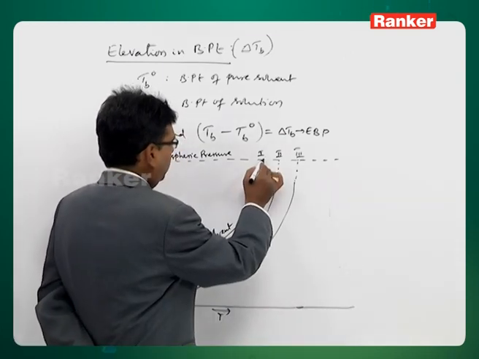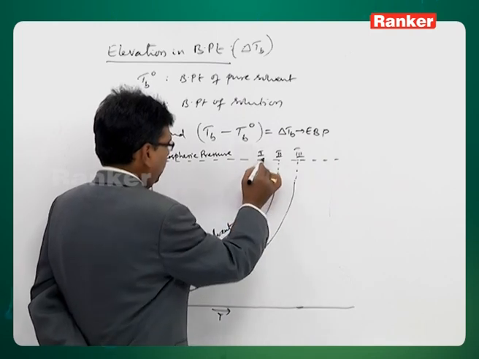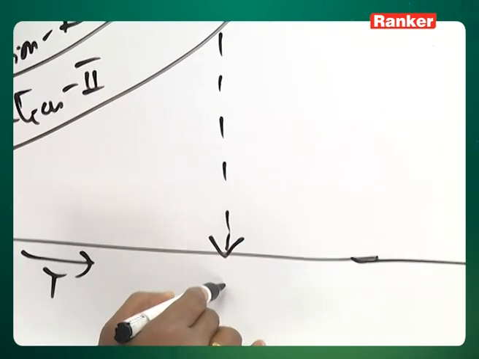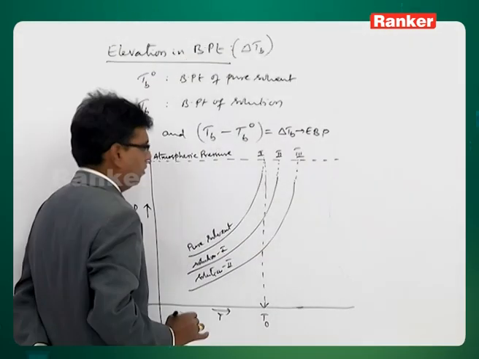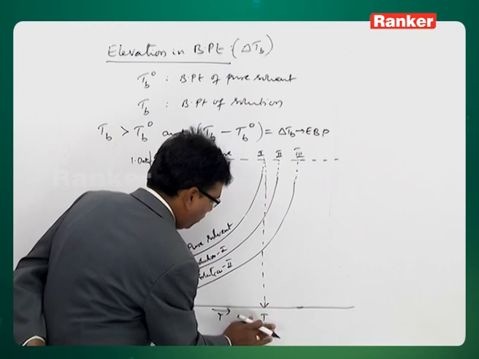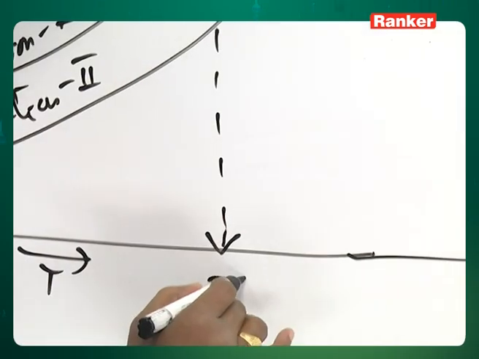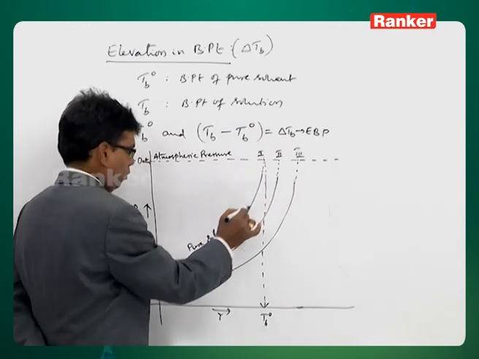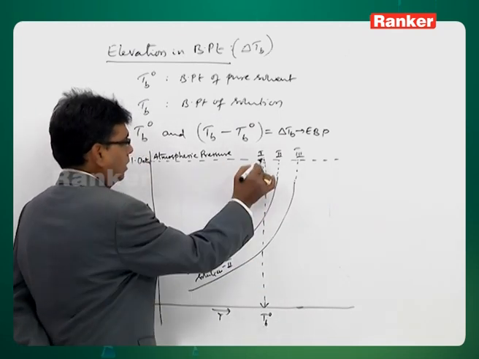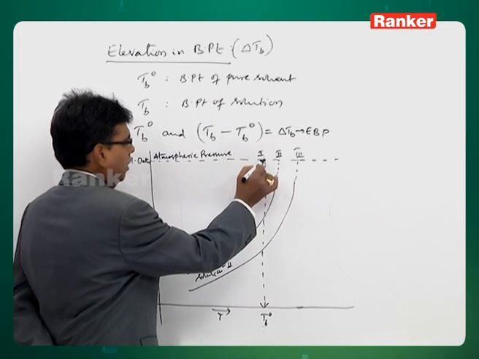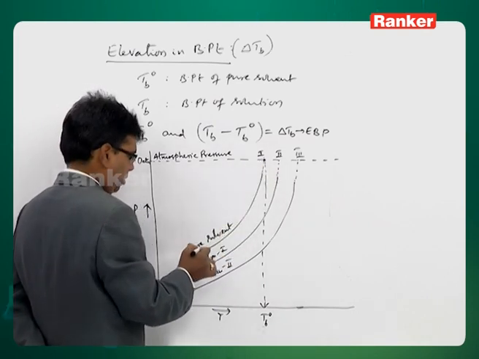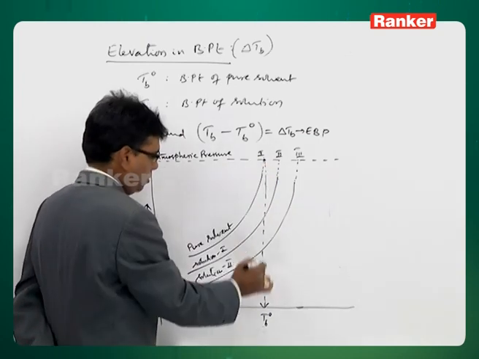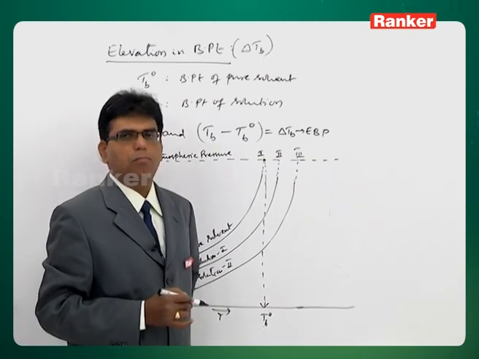Now, the corresponding temperatures: I will put it as TB naught, that is the boiling point of the pure solvent. The reason being that this is the temperature at which vapor pressure of this pure solvent becomes equal to atmospheric pressure. So, this temperature is the boiling point of the pure solvent.